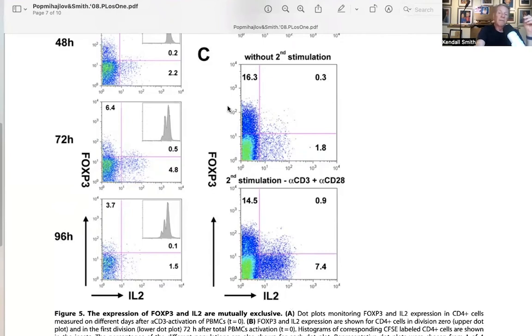We find exactly the same story, with a reciprocal expression of FOXP3 and interleukin-2. So we really found no evidence that the FOXP3 positive cells were suppressing IL-2 production by FOXP3 negative cells. So let's stop the screen share and go on to the discussion.